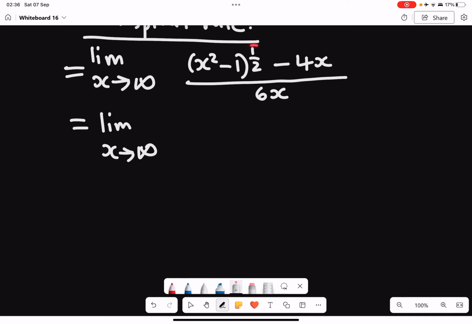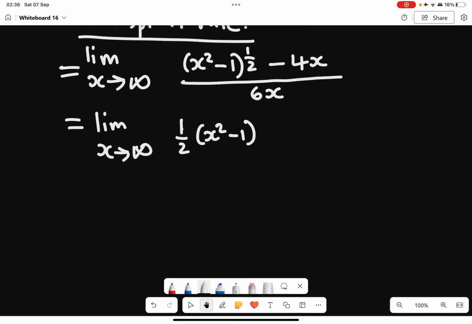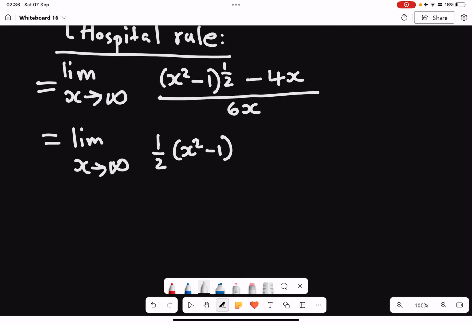I'm going to firstly multiply by the power, so I end up with half times x squared minus 1. And then half minus 1 is basically negative half, so I'm going to have the power of negative half there.